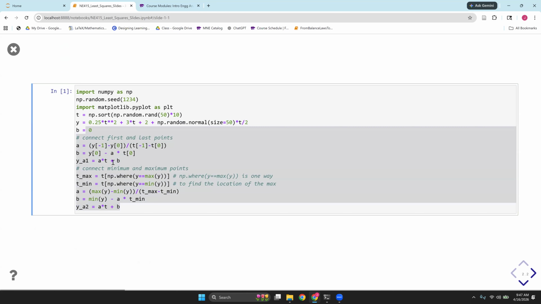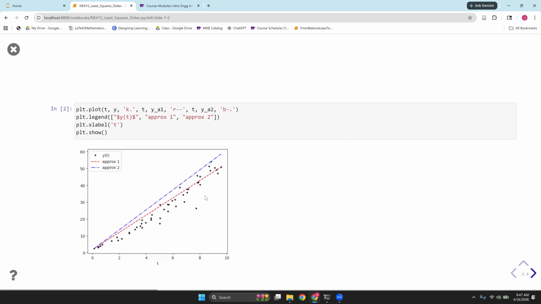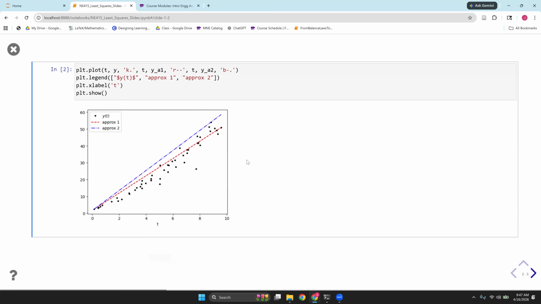In this case, we're taking the first and last point of the data, but we can also find something kind of like a bounding estimate where we take the minimum point and the maximum. Now, in this case, it turns out that the lowest point of all the data is also the first point. So that's easy to do, and that's why both of those lines start at the same place. Okay, but if I look at the maximum point, it's not quite the end point.